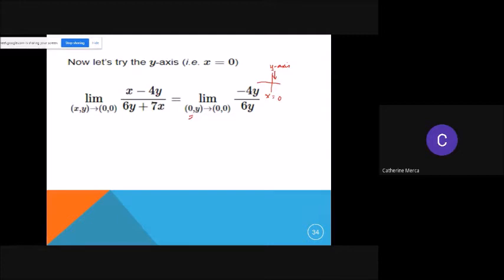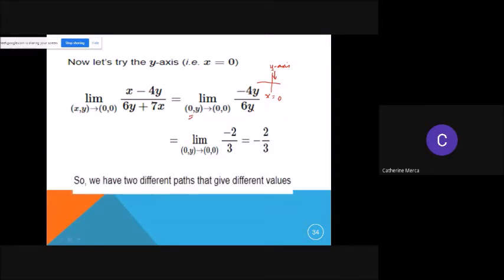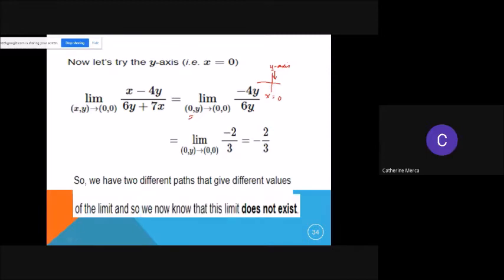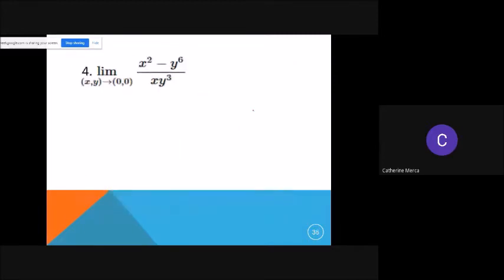So, x minus 4y, 6y, what happens? So, when x equal to 0, 0 po. So, negative 4, tapos 6. So, what do we have? Negative 2/3. But negative 2/3 man na. And dili na, different paths that give different values, meaning to say the limit does not exist.